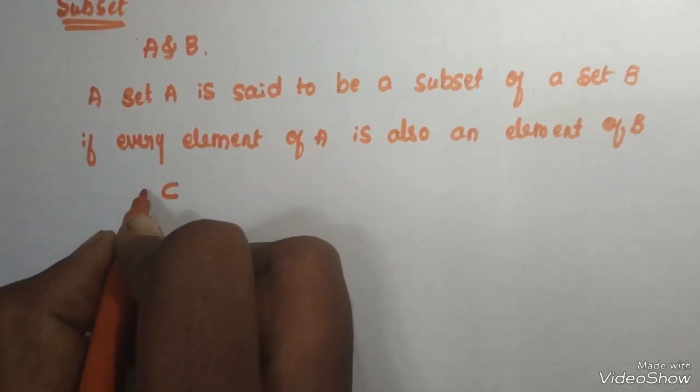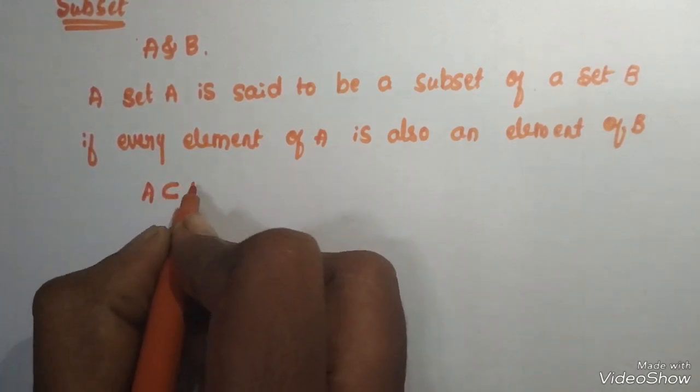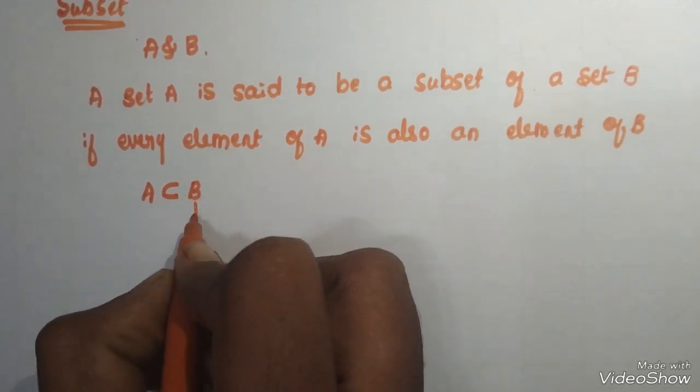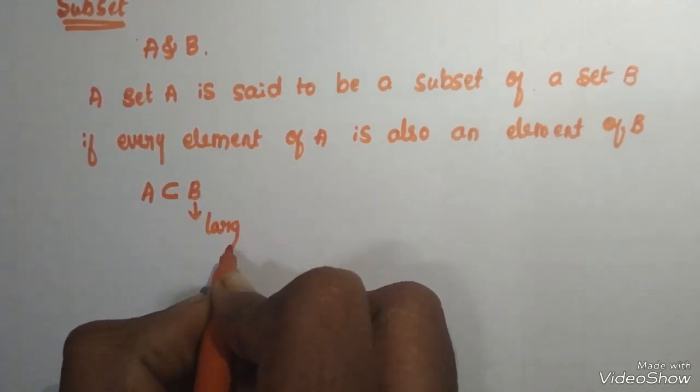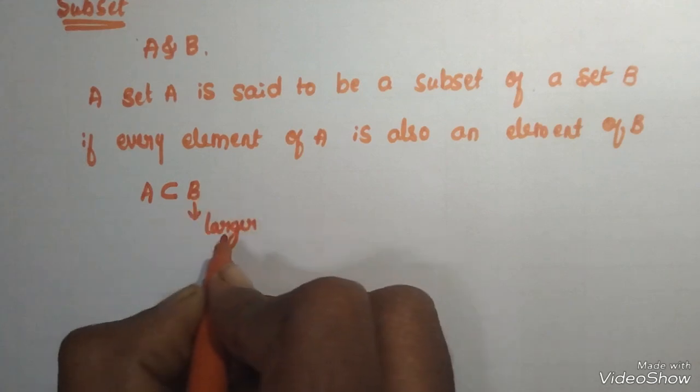Here I am saying A is a subset of B. It means B is the larger set, containing all the elements.